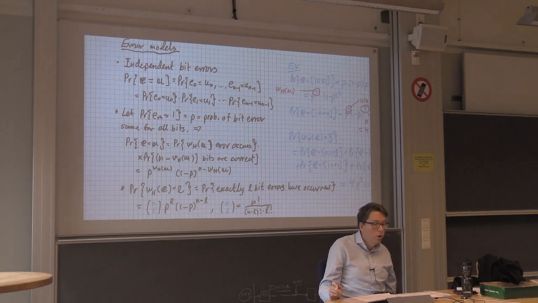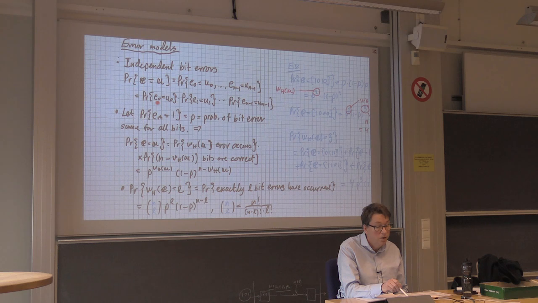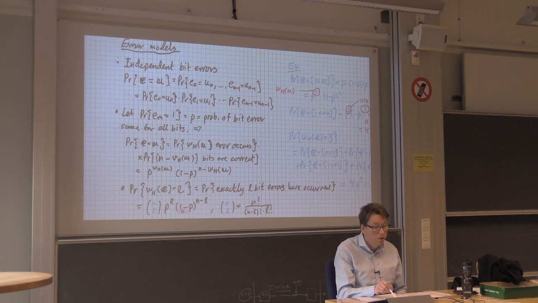So we're talking about error models, and if you remember, we started with a model where bit errors occur independently in the code word. So the probability that E takes on a certain pattern is the product of the probabilities that E0 is equal to U0, etc. And then we ended up at the following equation: the probability that the error has exactly L bits in it, L errors, is this expression.